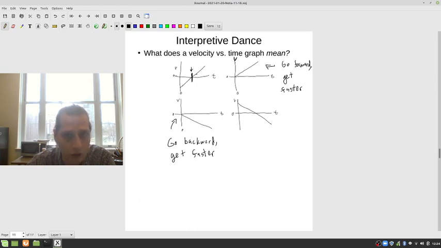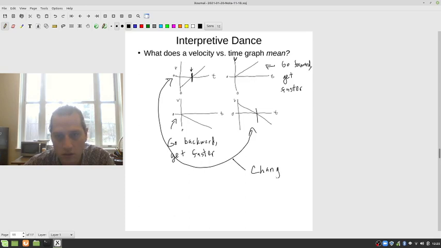Stop. Start going forward. Go forward faster and faster and faster. All right? And then here is the opposite of that. You start out going forward fast, you slow down, slow down, slow down. Stop. Start going backwards, get faster and faster and faster, going backwards. So in these ones, you're going to be changing direction. Okay, so you're going from backwards to forwards, and you're going from forwards to backwards.